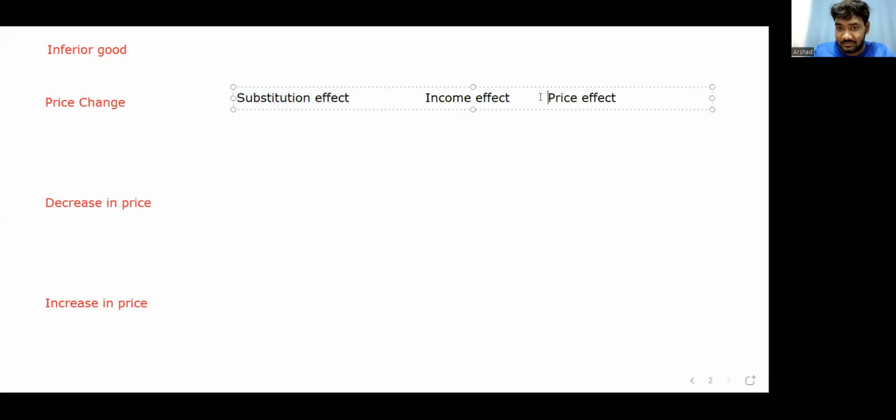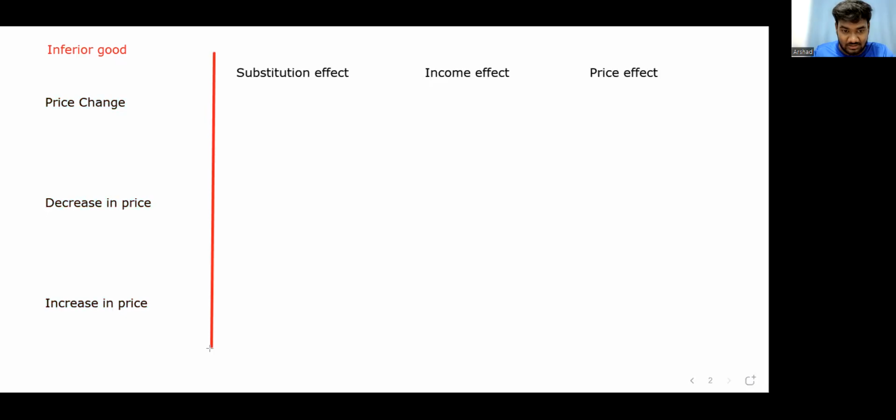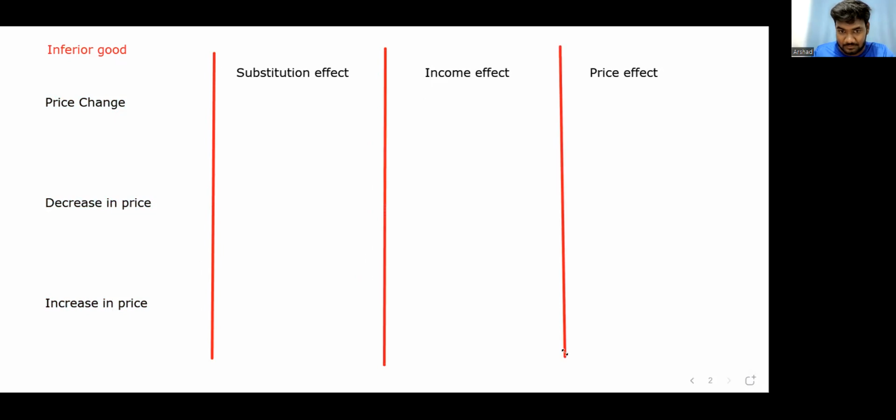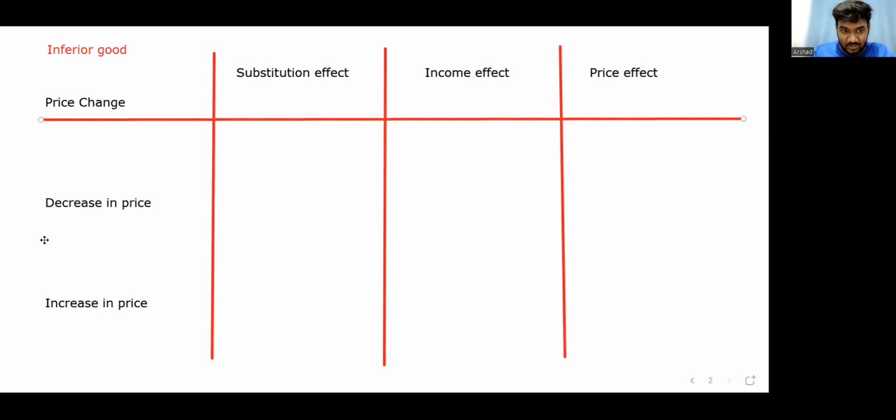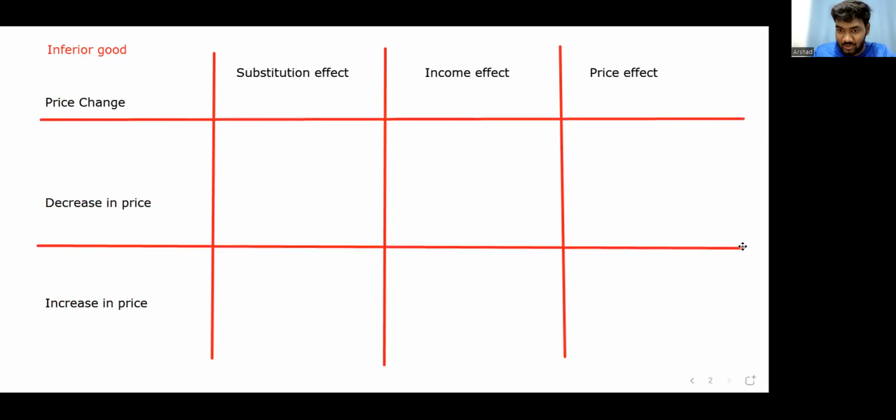Income, substitution, and price. Right. So let me draw the price change. You have decrease in price and you have increase in price.